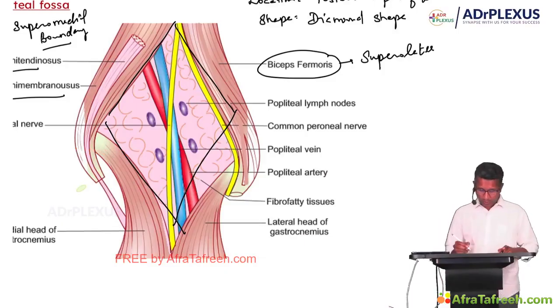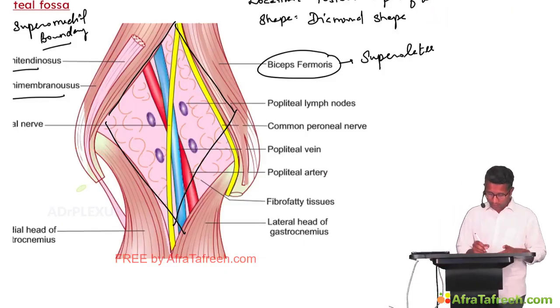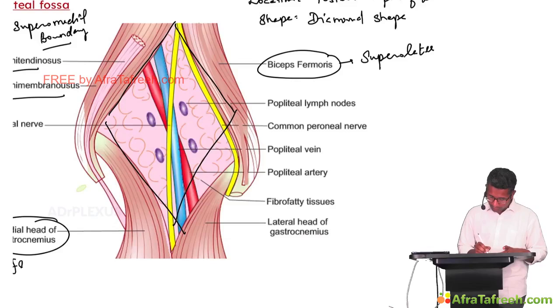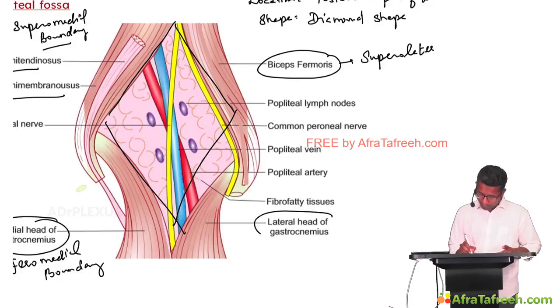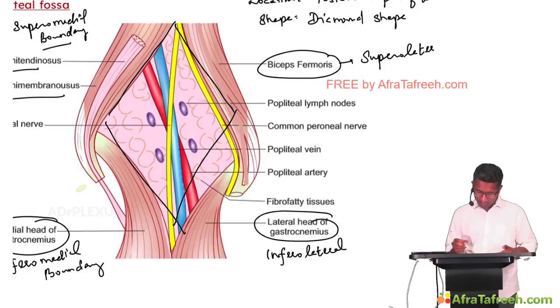When you come to the inferior side, the inferolateral and the inferomedial boundaries are formed by the gastrocnemius. The inferomedial boundary is formed by the medial head of gastrocnemius, and the inferolateral boundary is formed by the lateral head of gastrocnemius.